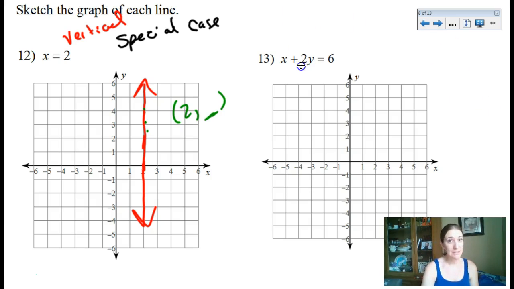But this next line is not in slope-intercept form. You have two choices. You could either rearrange it so it is in slope-intercept form, or you could graph the x and y intercepts. So for me, I don't care. Typically, I graph the x and y intercepts if I notice they're nice. So if you think about what an x-intercept means and what a y-intercept means.